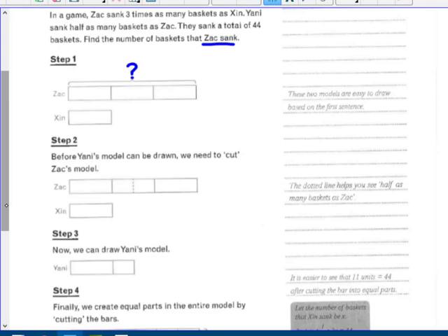Before Yanni's model can be drawn, however, we need to cut Zach's model in half. Yanni sank half as many baskets as Zach. So if we cut Zach in half, right? Here's half, and here's half. That's a Yanni bar.